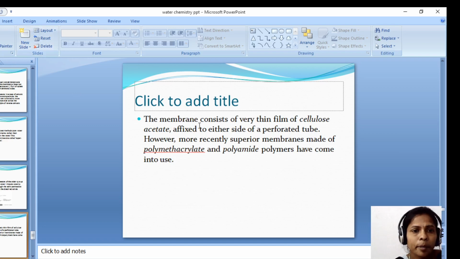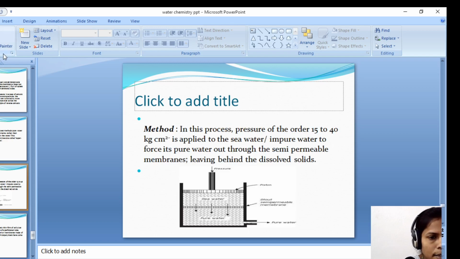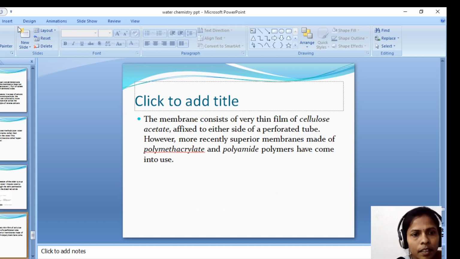Now the membrane consists of a very thin film of cellulose acetate affixed to either side of a perforated tube. Here we are using the semi-permeable membrane. This semi-permeable membrane is made of cellulose acetate. However, more recently, superior membranes made of polymethacrylate or polyamide polymers have come into use.